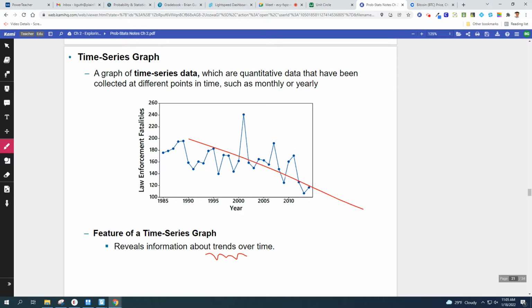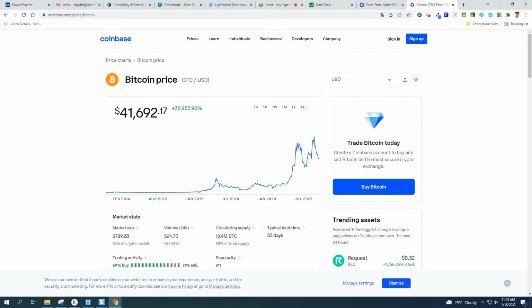If you think about it, you've done linear regression in the past, so we're not trying to come up with a line that goes through it, but it kind of looks like this is trending down. One real-world application, if anybody invests: here's the price of Bitcoin all time.